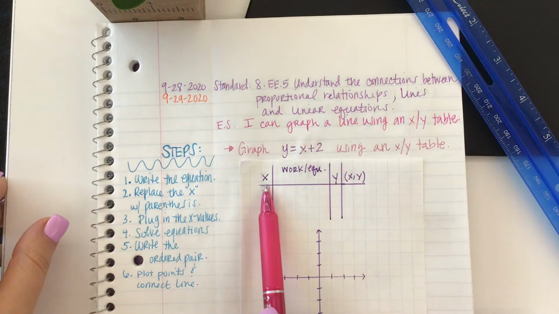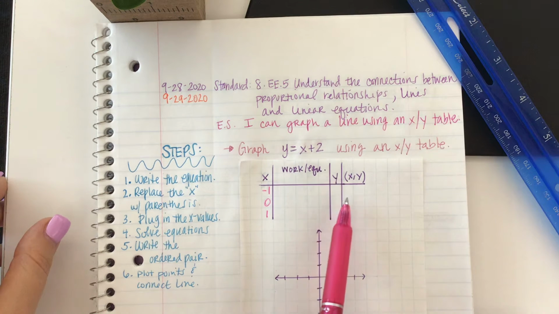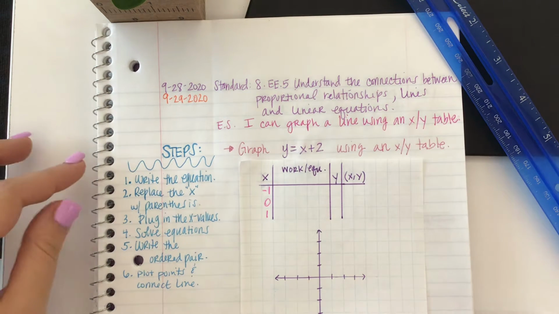So we have the X right here, we have our work in the middle, then we have our y, and lastly we'll have our ordered pair. I like to put the ordered pair column over there because this will help us plot the points for our line.